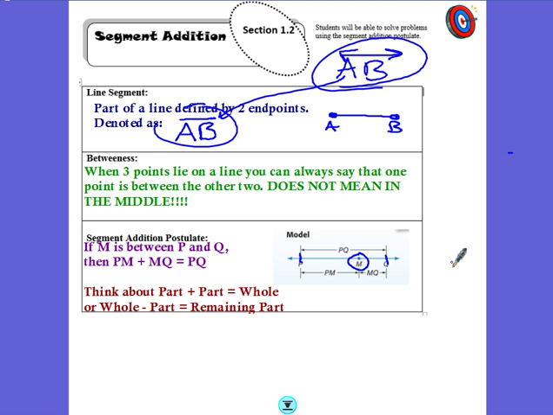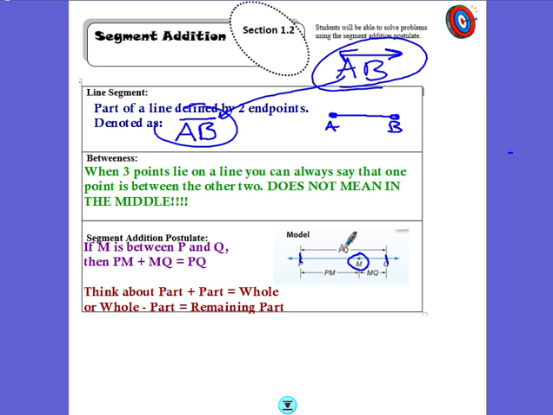So, the segment addition postulate basically says that if I have a line segment and there's a point in between the two endpoints, I can say things like PM plus QM equals PQ.